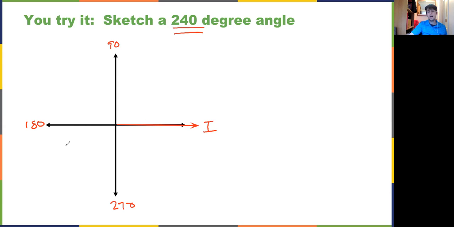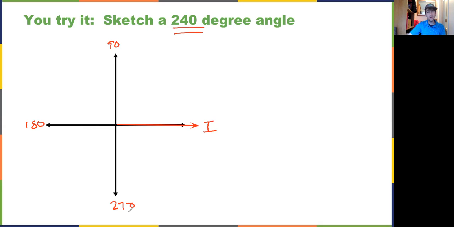240. I either want to think about this in terms of its relation to 180 or relation to 270. So I'm going to think about it in terms of relation to 180. So I know that it is 60 degrees more than 180. So I want to go 60 degrees past it. Or I can think about it here.